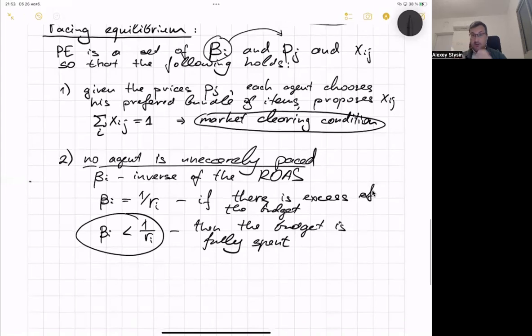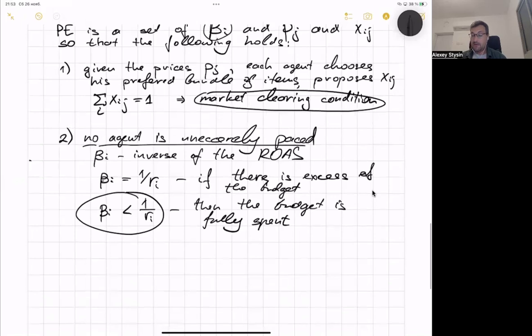And at the same time, no agent is unnecessarily paced. And by this, we mean that if the agent has a small budget, it spends it in full, and it may get this multiplier, this inverse ROAS, less than the constraint. But if the advertiser hits the ROAS constraint, then only then it might have some remaining budget.